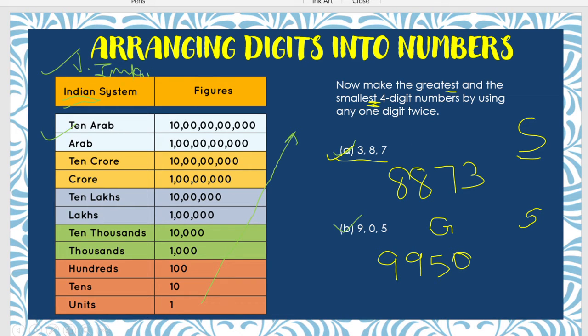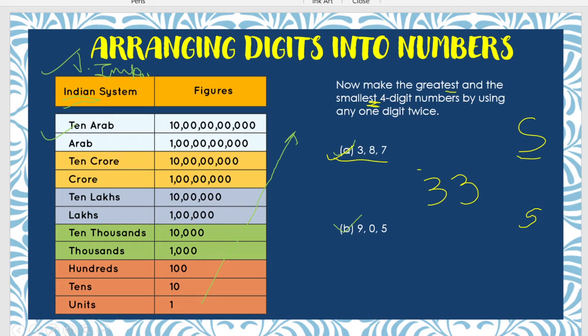Okay, now we will do the smallest number. The smallest number is 3. Again, I will repeat the 3. 3, 3, 7, 8.